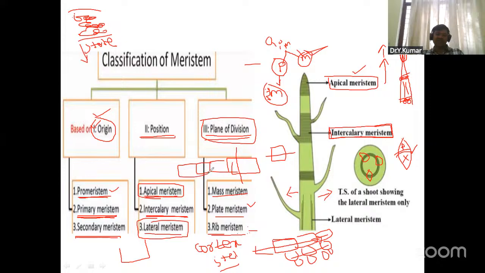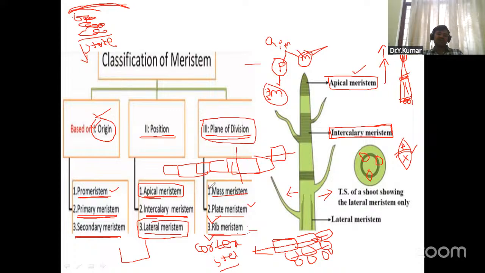The cell surface improves, but not the layers. Here it mainly forms epidermal cells, a single layer like this. So this epidermis growth is done by plate meristem division. And the inner cortex cells are mainly made up of rib meristem.